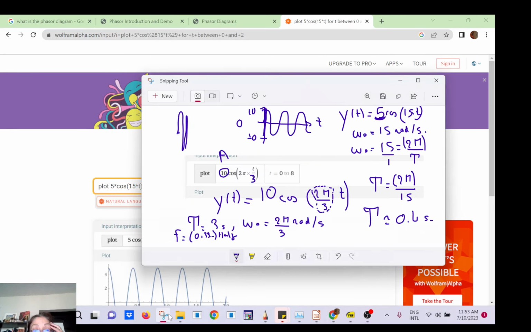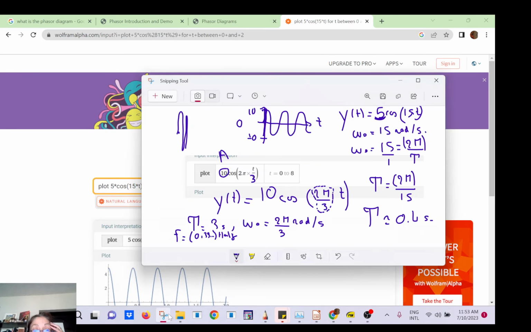Indeed, the period is 0.4. So you see how it works? Angular frequency. Now you know how to decode the graph of a cosine function that can be describing a motion, something that goes up and down in a periodic fashion.